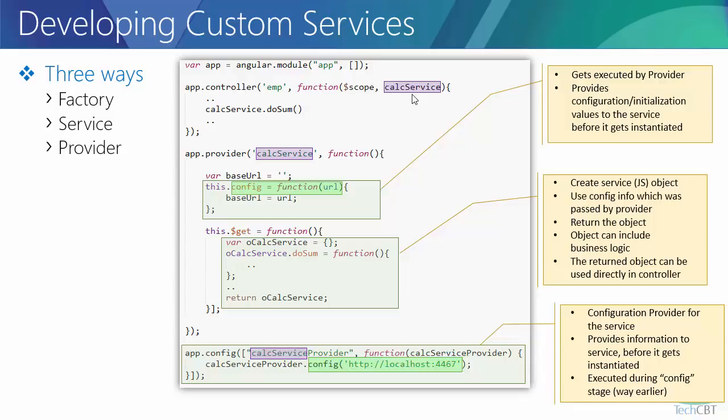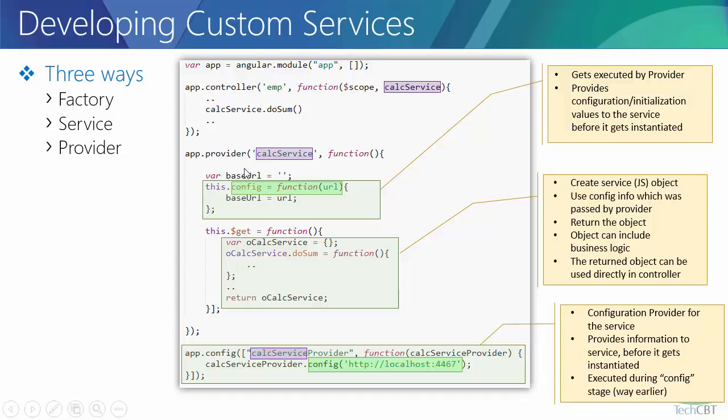In simple terms, the controller tries to instantiate the calculate service, and as AngularJS finds that calculate service in the form of a provider, it finds the provider which is already registered earlier, creates an instance of this constructor function, executes the method available as part of your constructor function, provides all the configuration information into the parameters here, and has that configuration information stored as part of the same provider instance.